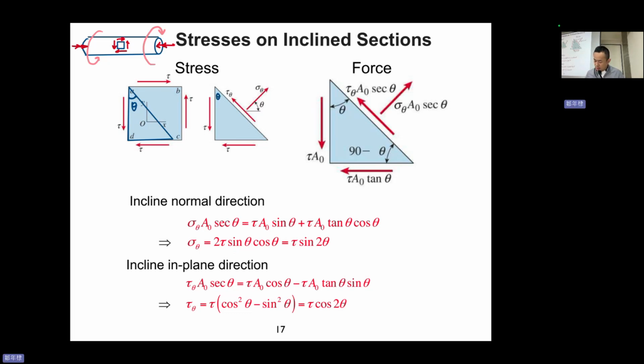So we get the figure like this. Okay? So this is tau, what we see here. And then we can have the tau theta and sigma theta. It must look like that because the stress state at this surface must be either perpendicular to it or parallel to it, right?